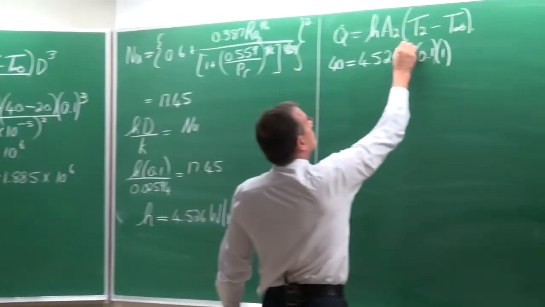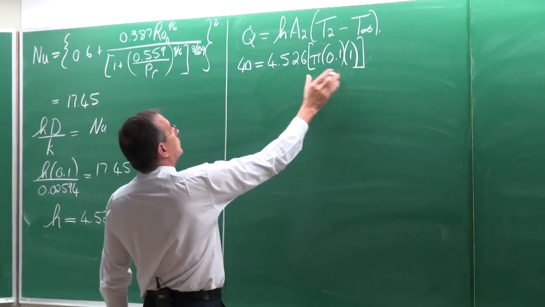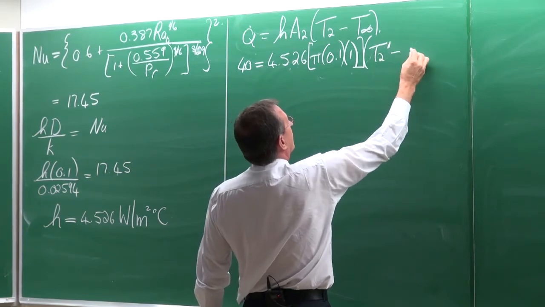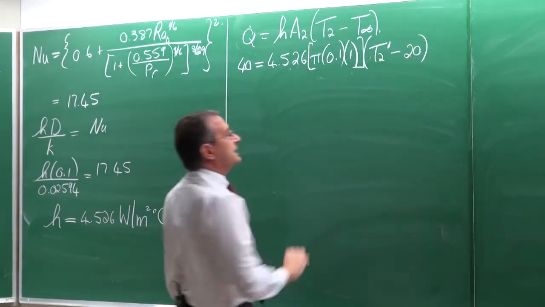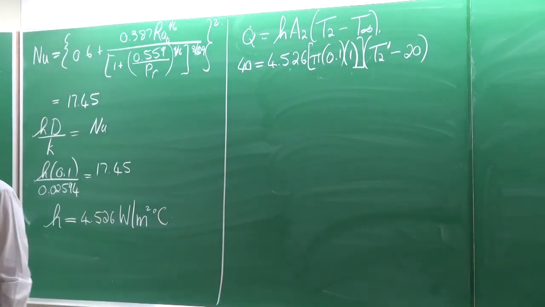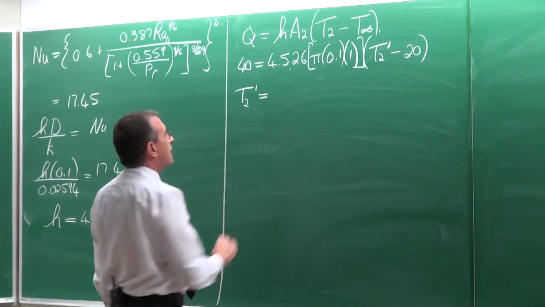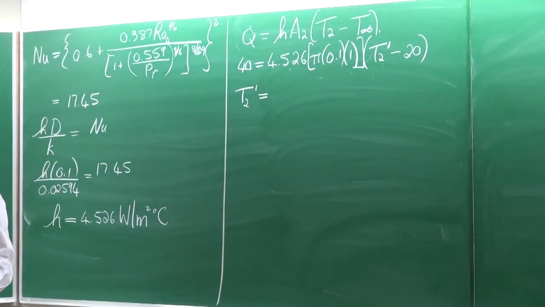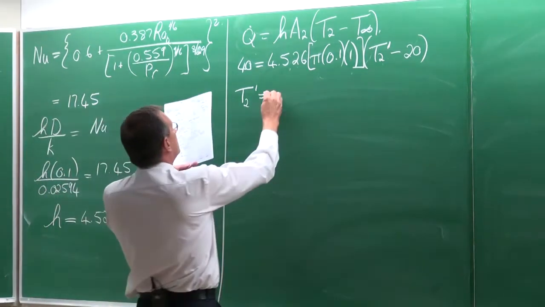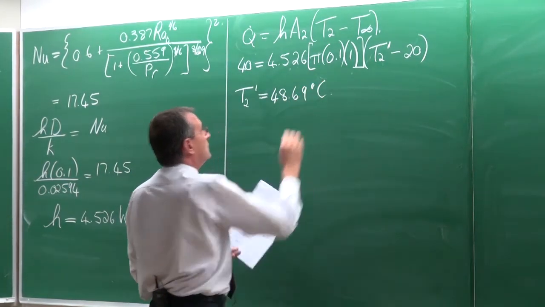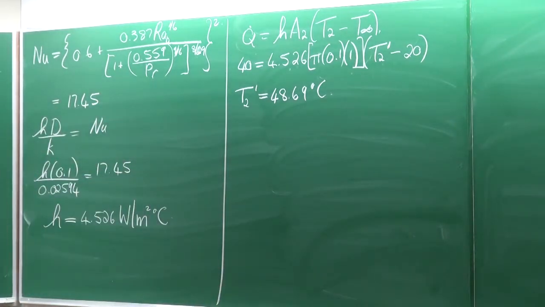So that is my surface area multiplied by the heat transfer coefficient multiplied by T2 now minus 20. And this temperature, T2, is now going to be my new temperature. I would like to calculate it and check if it is 40. Well, if you do the calculation, you'll see that it is going to be 48.69. So, the estimate was out by almost 9 degrees Celsius.